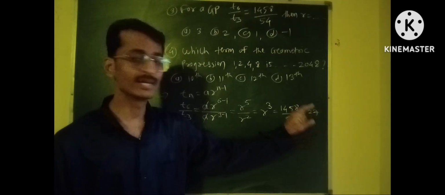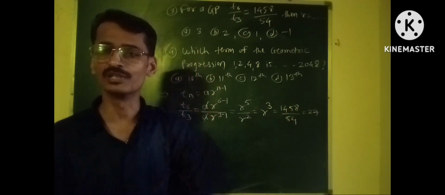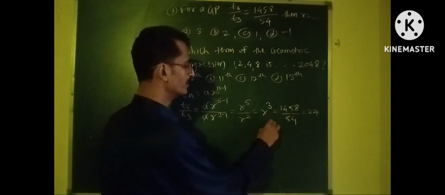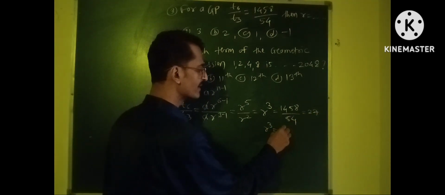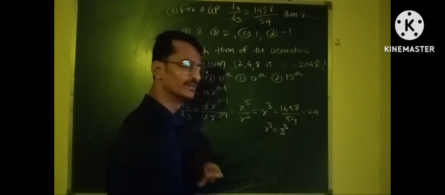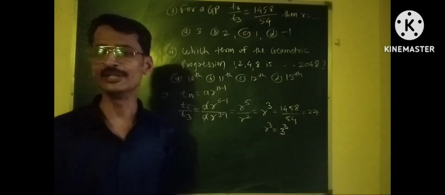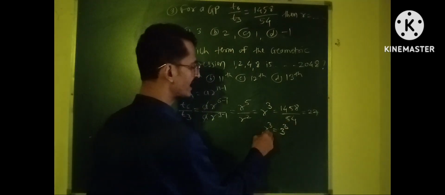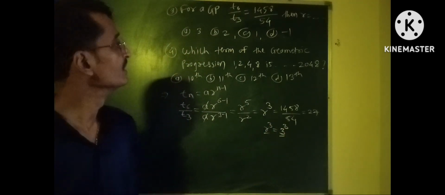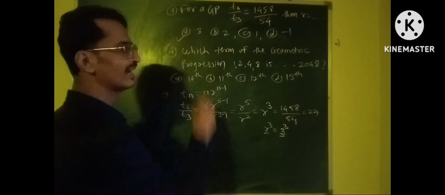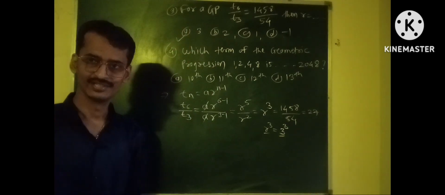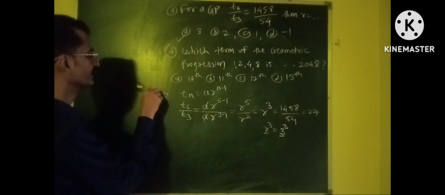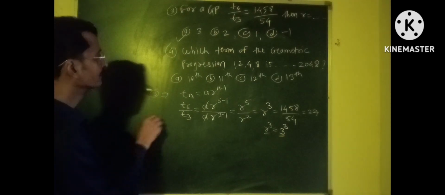So write 27 as some number raised to 3. So what is that number? So r cube we can write 27, we can write 3 cube. 3 into 3 9, 9 into 3 27. Okay, so compare these two sides, r is equal to 3. So answer is what? A. R is equal to 3. Okay, now next for question number 4. This is third. Now fourth.